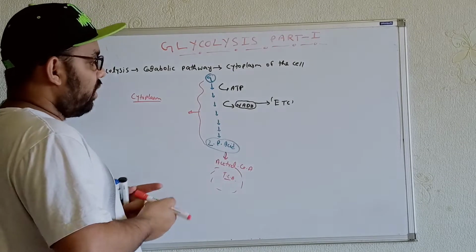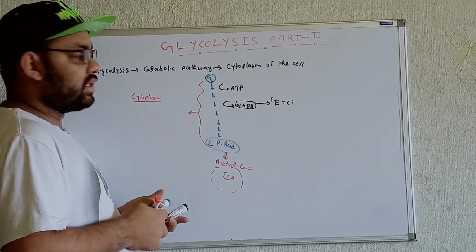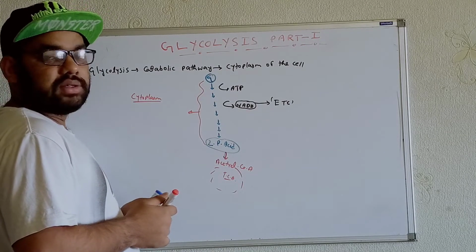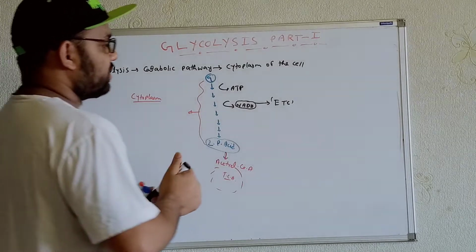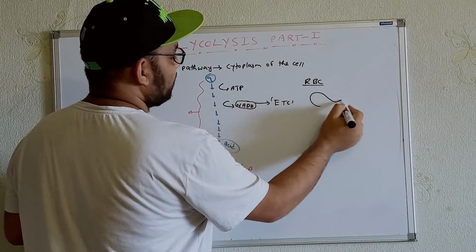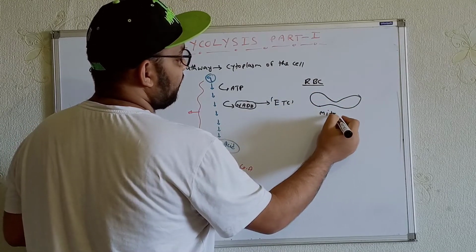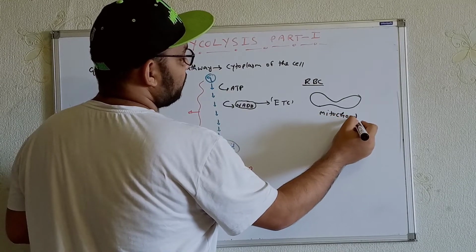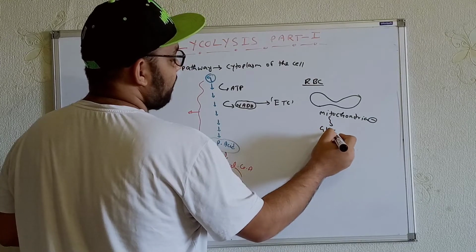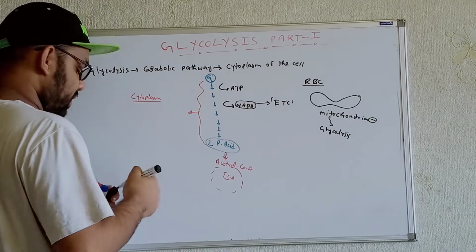That means in cells that do not contain mitochondria, we will not see the TCA cycle or the Krebs cycle; we will only see glycolysis. In our body, for example, RBCs lack mitochondria. So with mitochondria absent, we will see only glycolysis, not the TCA cycle or the electron transport chain.